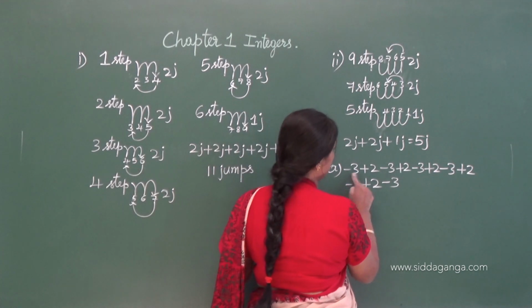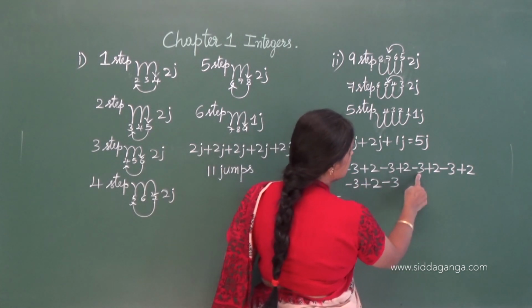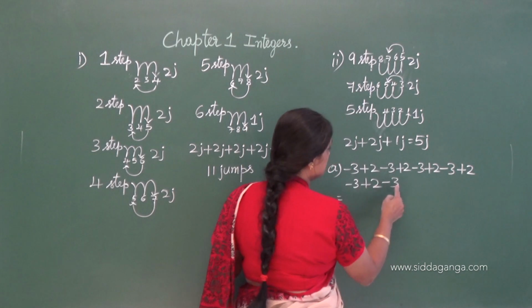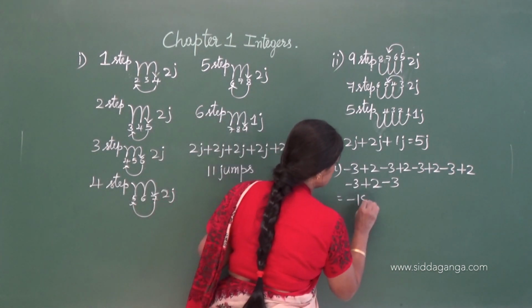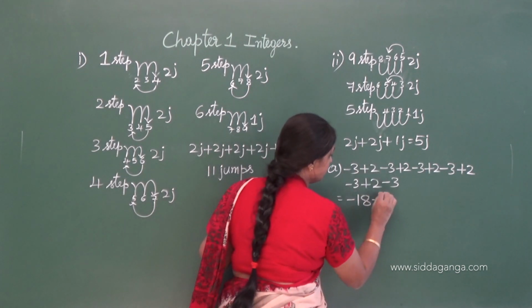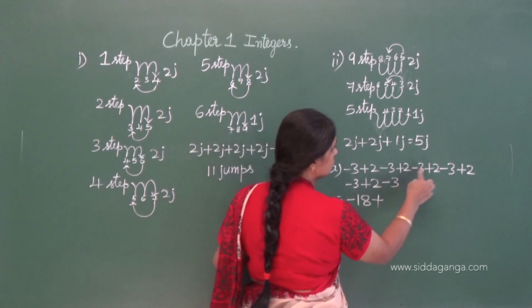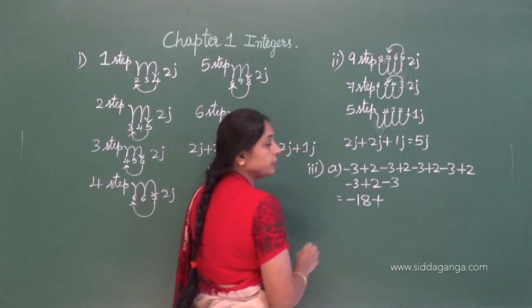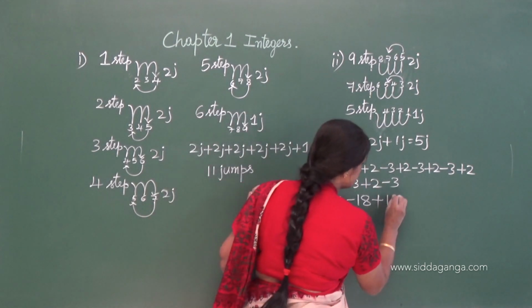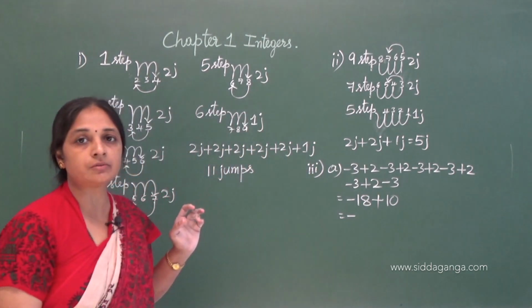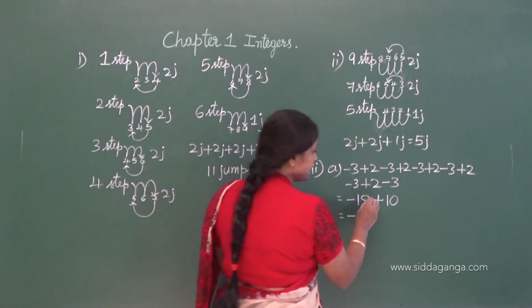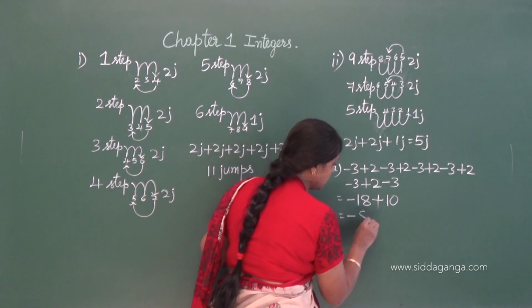So minus 3 occurs 1, 2, 3, 4, 5, 6 times. 6 3s are 18. It's minus 18. Plus 2 occurs 1, 2, 3, 4, 5 times. 5 2s are 10. It's plus 10. So the sum of these numbers, minus 18 plus 10, is minus 8.